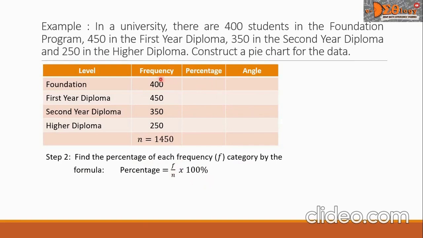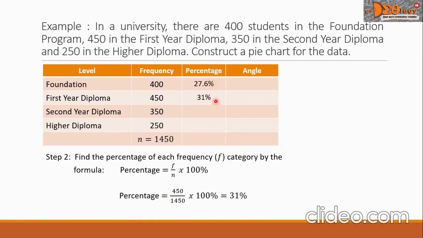So we're going to use the 400, and that is the frequency of the first level, divided by the 1450, and then multiply to 100%. And the answer is 27.6%. We will copy this value on this blank, and here we go.